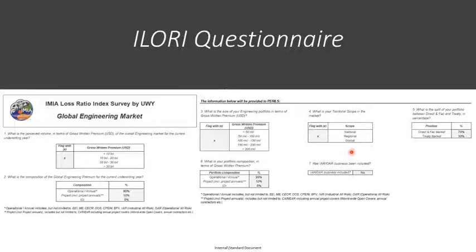So rate changes were different. So far, we could not do the same for the loss ratio because we simply did not have enough participants in our survey. It was a pilot study, and now next year we hope we get enough feedback so that we can really produce loss ratios which are more dedicated to regional markets.